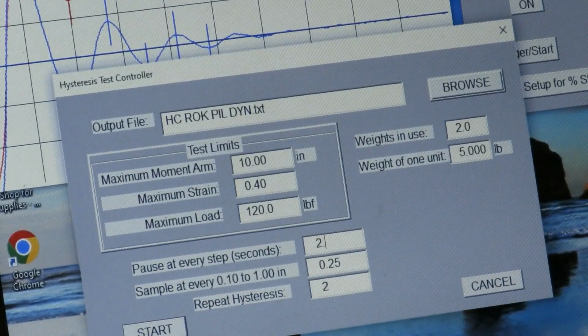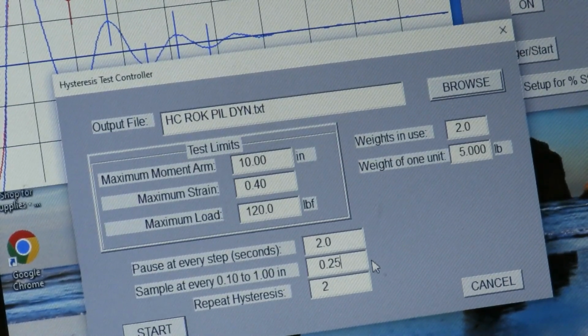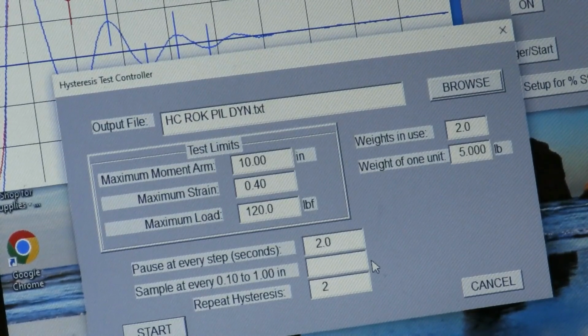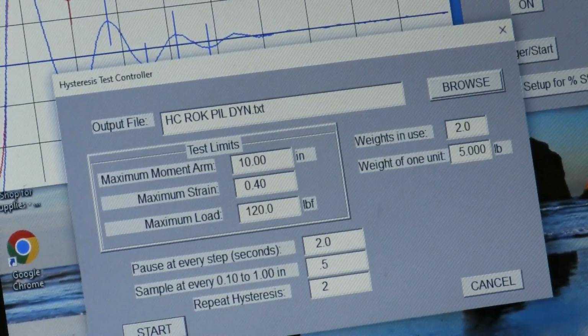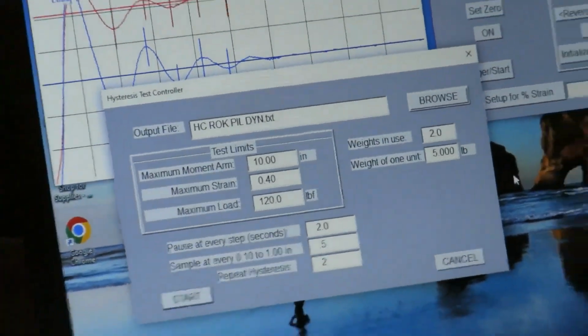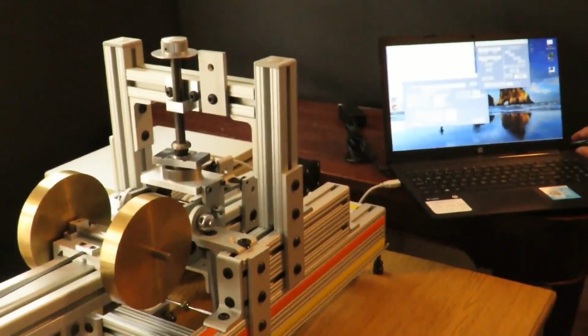Okay, at this point we change to 2 seconds, stop, and the hysteresis repeat is 2. The weights are 2 and each weighing 5 pounds. Once we do that, we go back to the table and start the test.